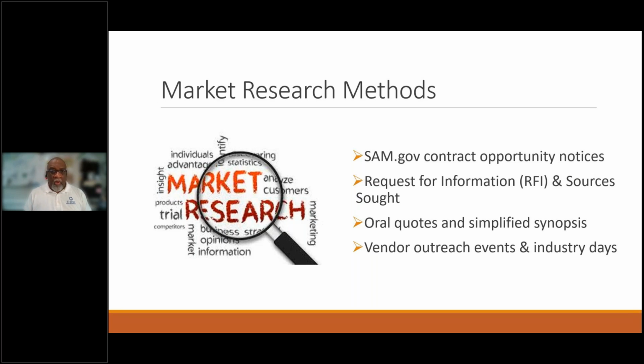So building a strategy that would allow you to effectively and efficiently respond to RFIs and sources sought, that is a valuable capability to create, because the goal is to participate. At the RFI and sources sought stage, the goal is participation.